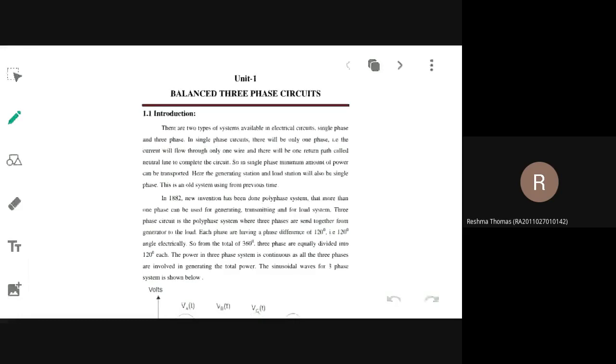And how to analyze these circuits, by applying what rules and theorems have we seen? So what are the various ways in which you can analyze these circuits?